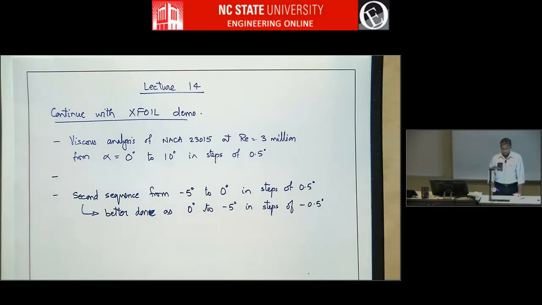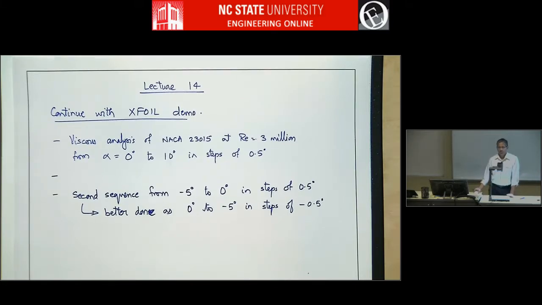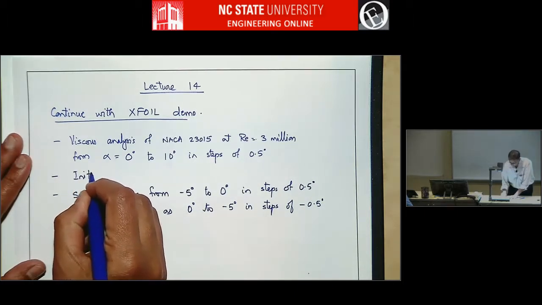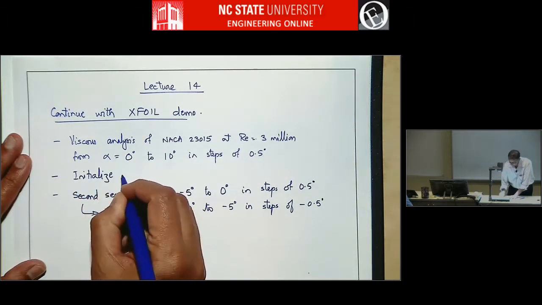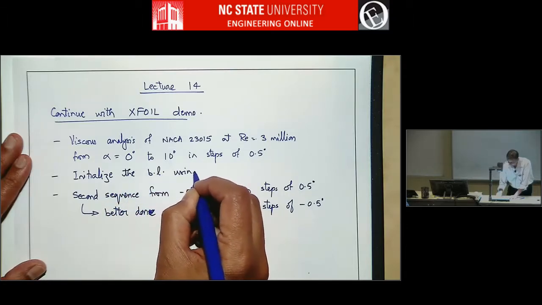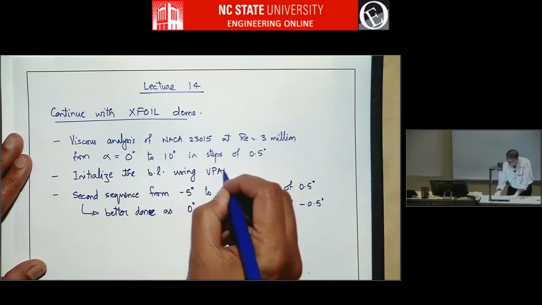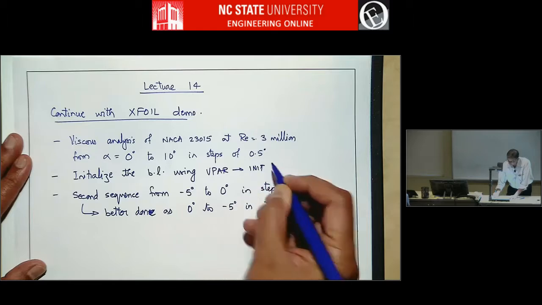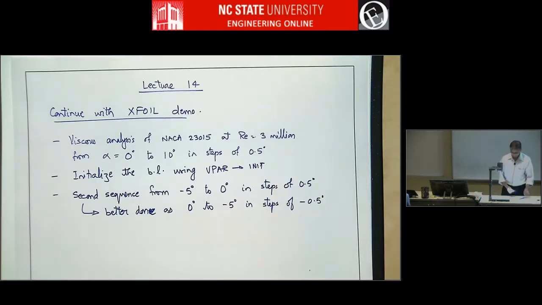But then we've gone from 0 to 10, right? If you want to come back to 0, you should really initialize the boundary layer, using VPAR and then init. So that's what I'm going to do now.